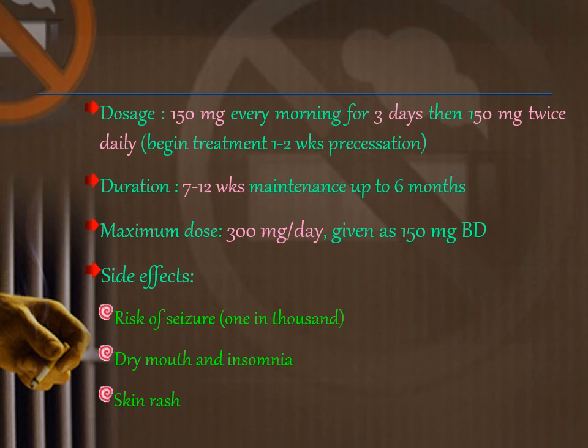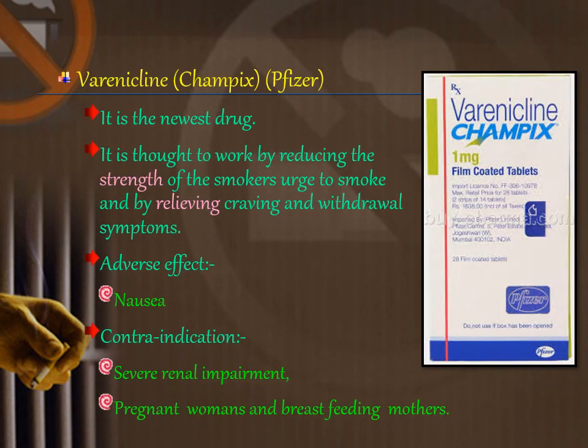Dosage is 150 milligrams every morning for 3 days, then 150 milligrams twice daily. Duration is 7 to 12 weeks, with maintenance up to 6 months. Maximum dose is 300 milligrams per day, given as 150 milligrams BD. Side effects are risk of seizures, dry mouth, insomnia, and skin rash.